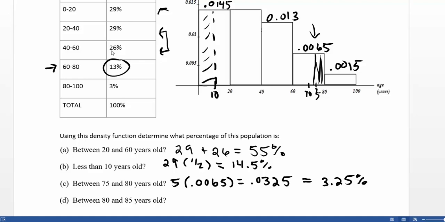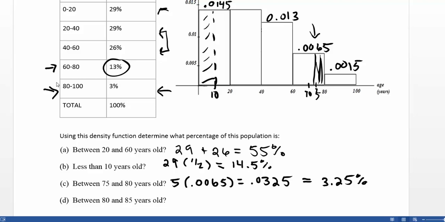So between 80 and 85, we are now in the bottom row of our data. So as I said before, if we want to use the table, we want to look at what number of years as part of the interval we're looking at. So again, this is 5 years out of 20.